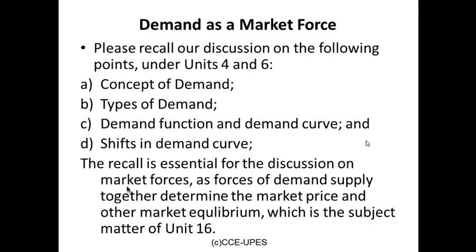We need petrol because we have a car. So this is a derived demand. More cars will mean more demand for petrol. Then we saw the types of demand, and we can divide a market into segments, say rural demand, urban demand.